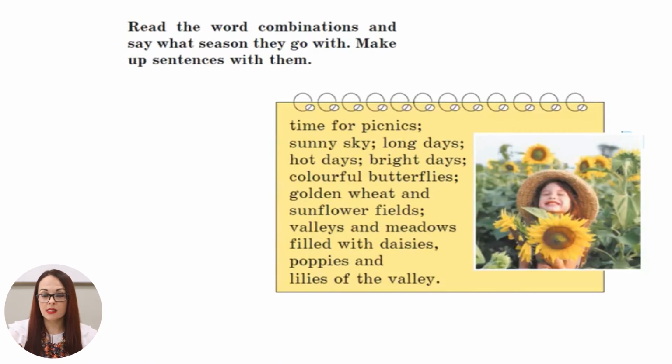And the last season is summer. Time for picnics, sunny sky, long days, hot and bright days, colorful butterflies, golden wheat and sunflower fields, valleys and meadows filled with daisies, poppies and lilies of the valley.